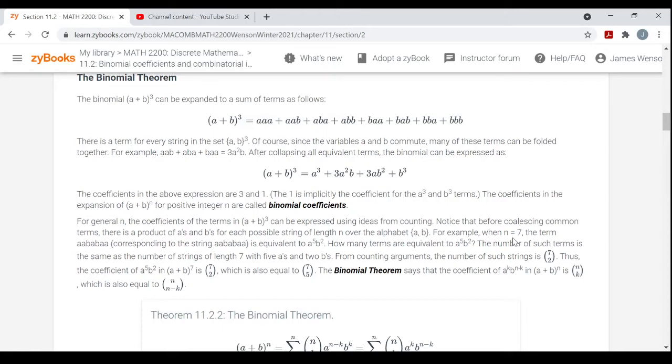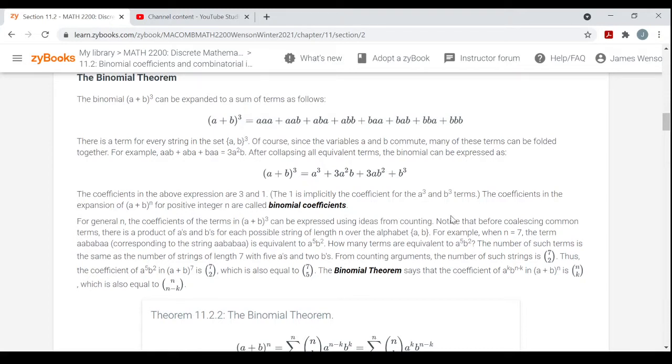So for example, if you raise to the 7th power, the term aabaaaa is equivalent to a to the 5th b squared. And then you could ask, how many terms have a to the 5th b squared? Well, you would just count how many strings of length 7 have 5 a's and 2 b's. Right?